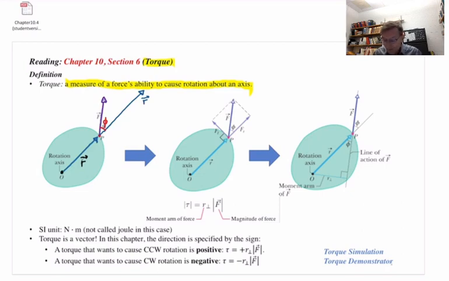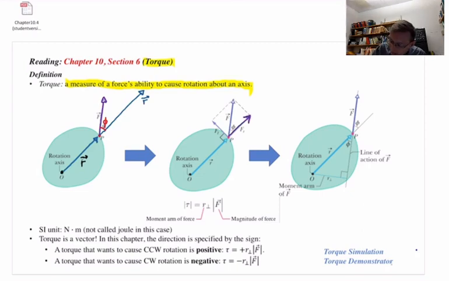Same blob, same rotation axis O, same point P with the same force. But now what we've decided to do is decompose the force into two components. One component parallel to r, that's that component right there.